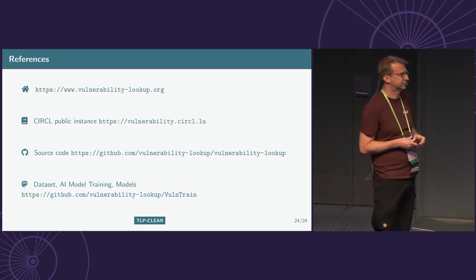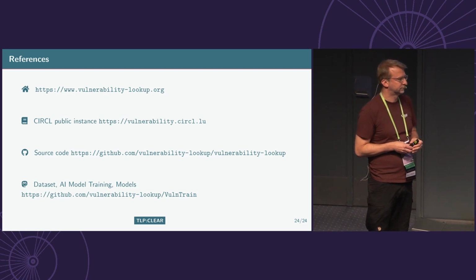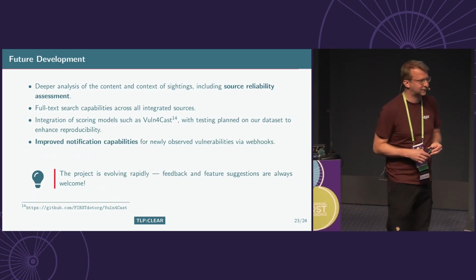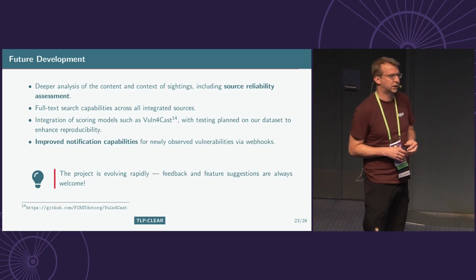Yeah, with vulnerability sightings, often when there's a new hot vulnerability that's making news, there are a lot of fake proofs of concept and clickbait, with no new information, just somebody recycling it. Is there some reputation that you attach to the sources? Really not, and that's exactly the next step: source reliability assessment, which we are working on.